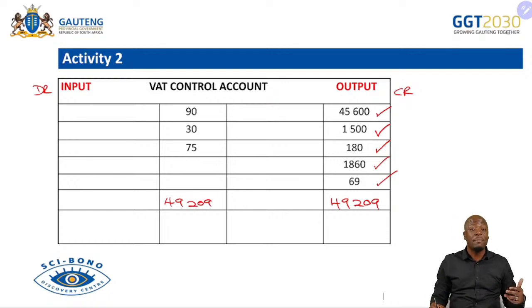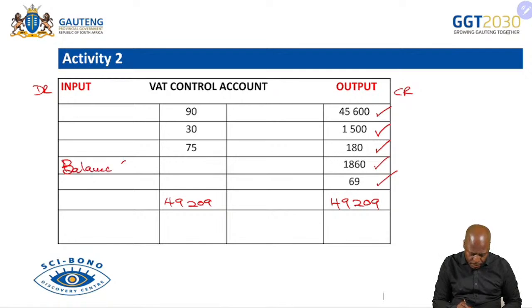So I have to put it in both places now. Why? Because it is the bigger amount. Remember, closing of a ledger account. If the credit is bigger, I then put it as well on the debit side. Then I'm now going to get my balance carried down. That means I'm going to come here now and I'm going to get my balance carried down here. My balance carried down, I'm simply now saying my 49,209 subtract the 90, the 30, and the 75.